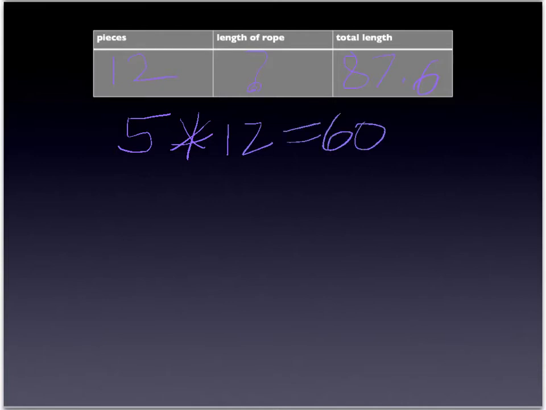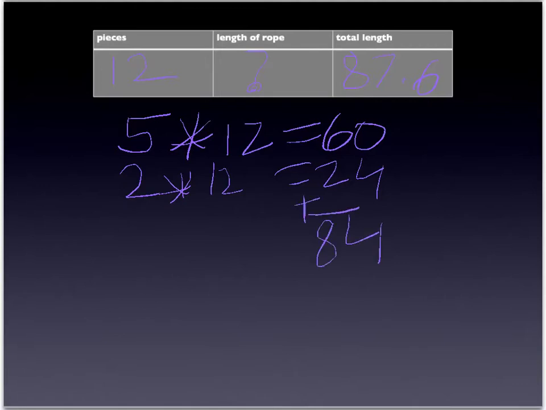And I know 2 times 12 equals 24. If I add those together, I get 84, and that would be 7 times 12, since I can add my 5 and my 2 together. I'm almost at 87.